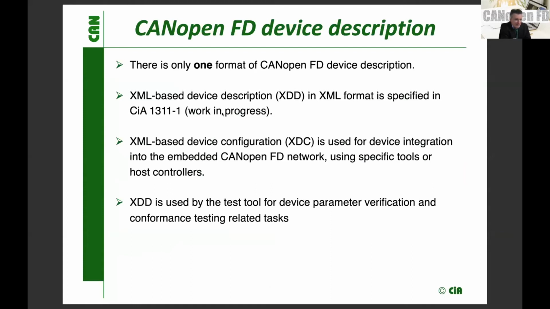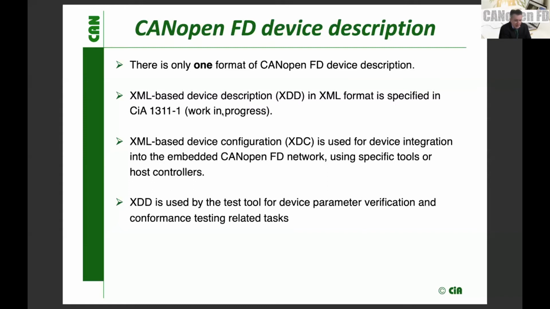It is still based on a standard for the structure of such a profile description, but we have limited the device description to the very specific functionalities in CANopen FD. It's mostly mandatory functionality, mandatory functions available.